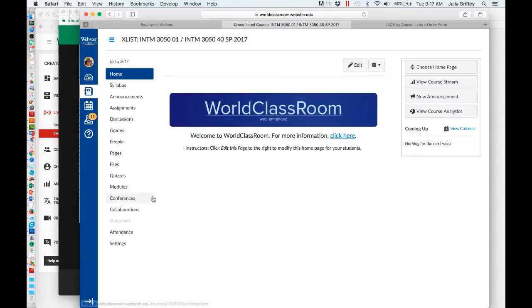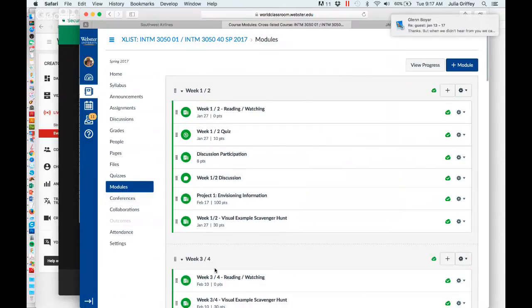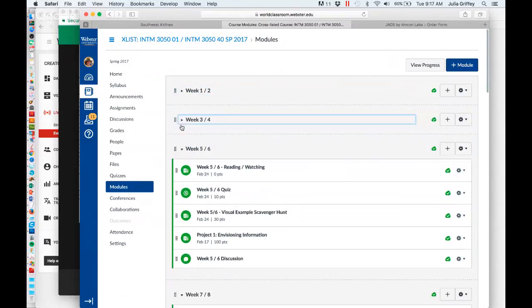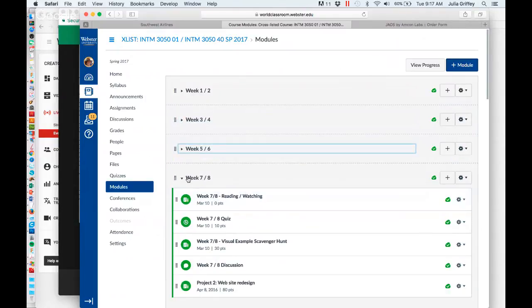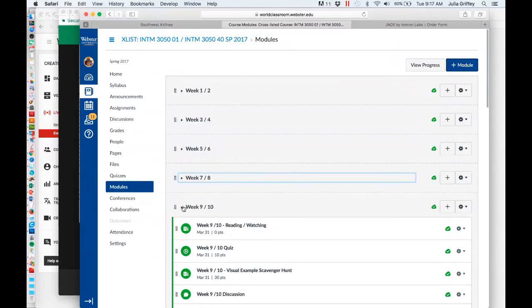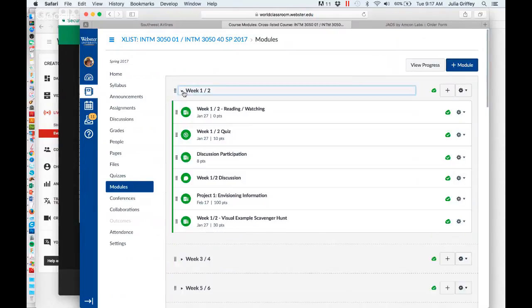And if you go to modules, I have everything set up into different modules. I mentioned before, I have everything set up as week 1, 2, week 3, 4, week 5, 6, et cetera. So in week 1, 2, there are a few things.